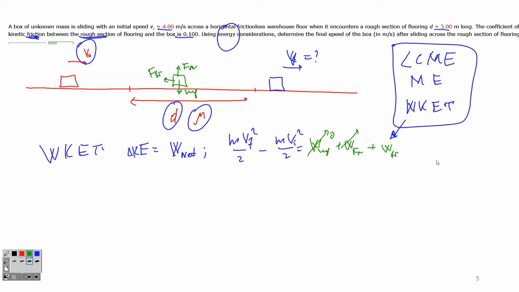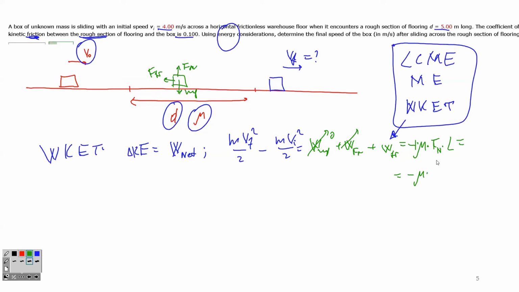And for friction, we know that it has to be equal to, we derived this expression, negative 1, it's cosine of 180 degrees, coefficient, normal force, and length. That I forgot on Friday. And we can continue now.